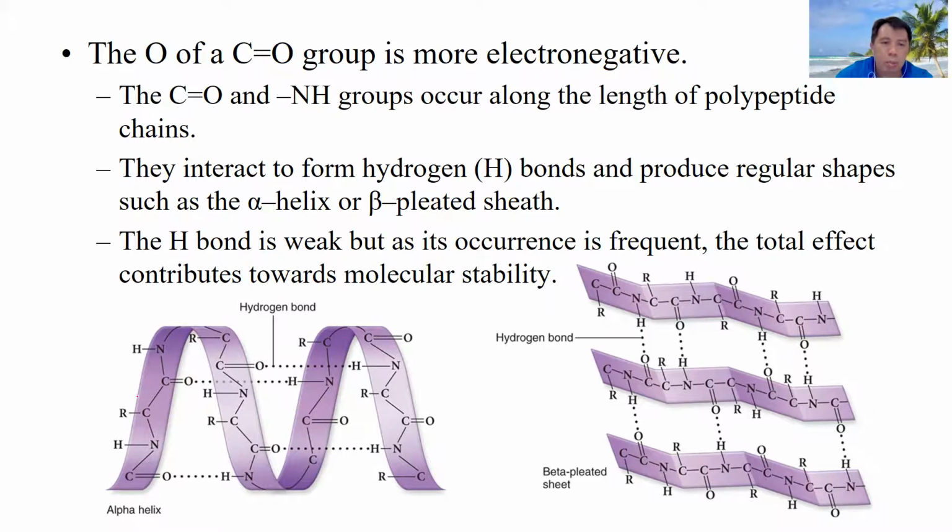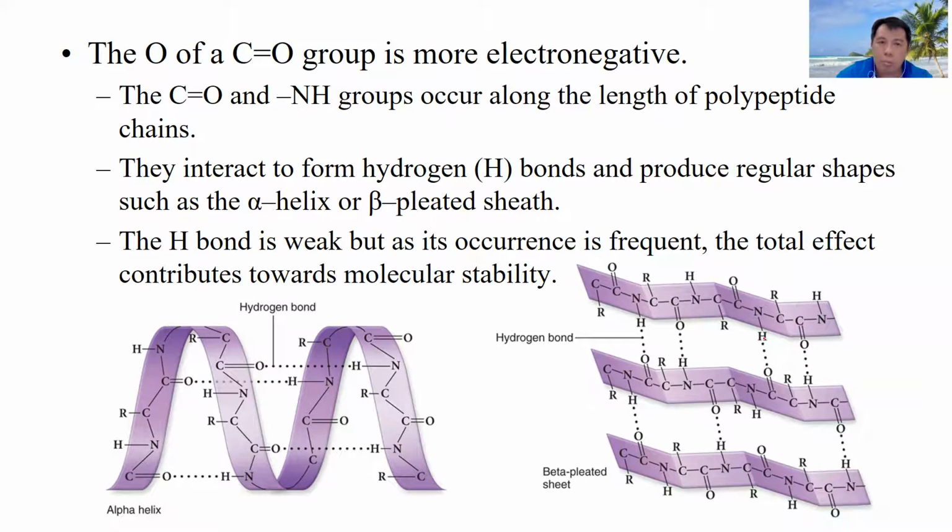So when they are arranged like this, the neighboring CO and NH groups along the length of the polypeptide chain interact to form hydrogen bonds and produce regular shapes such as the alpha helix and the beta sheet.